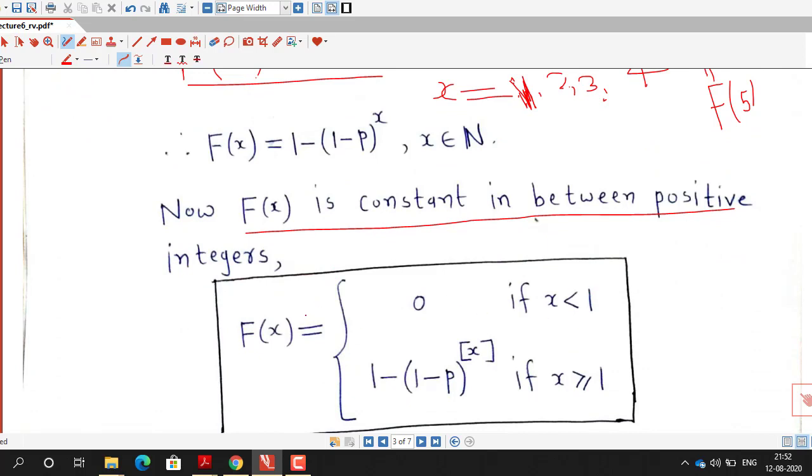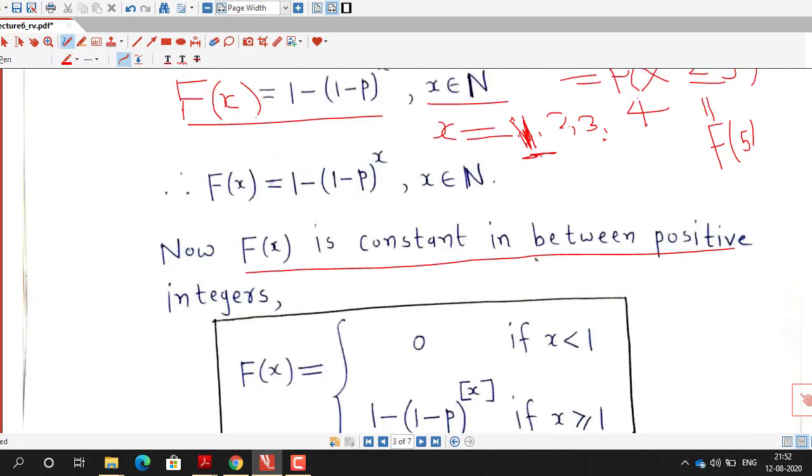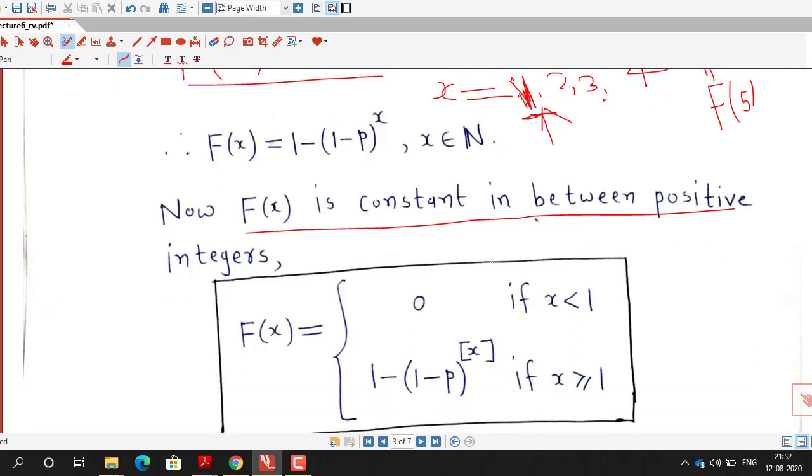This we have discussed in an earlier lecture. If the value is strictly less than the minimum possible value of the random variable, then the CDF has value 0 for all those values. So here the minimum value of the random variable is 1. So if x is less than 1, we can write capital F of x equal to 0.